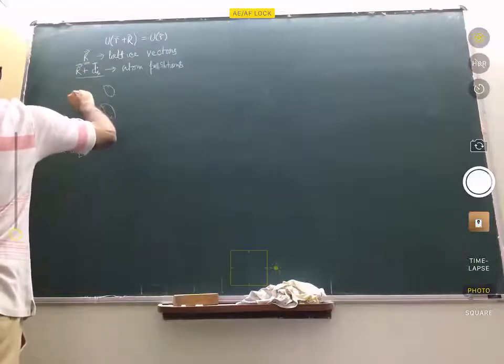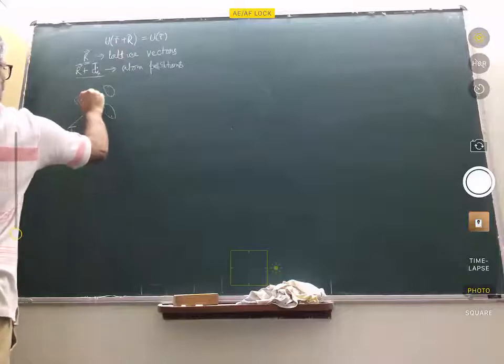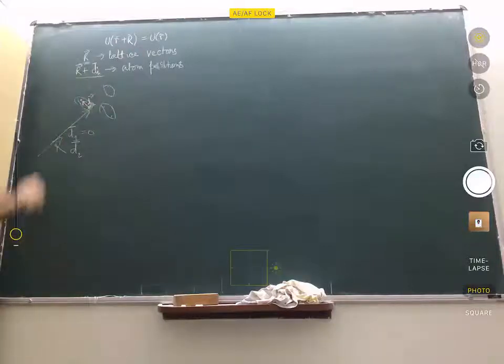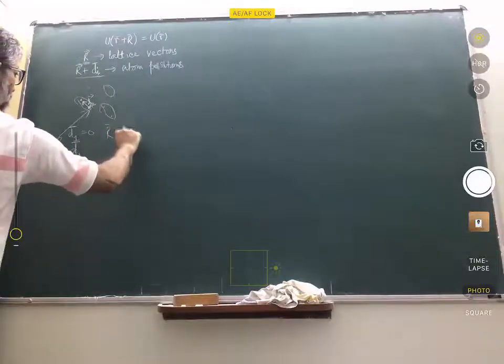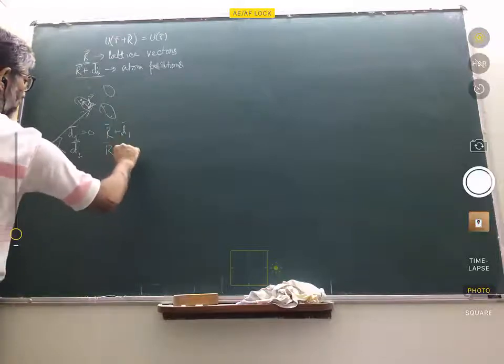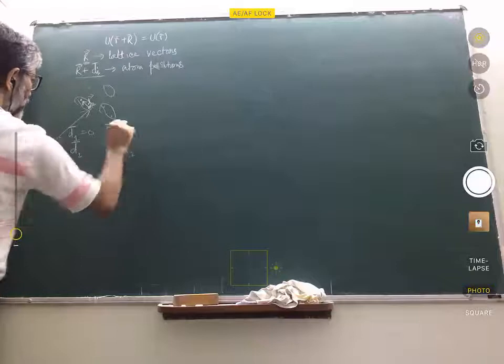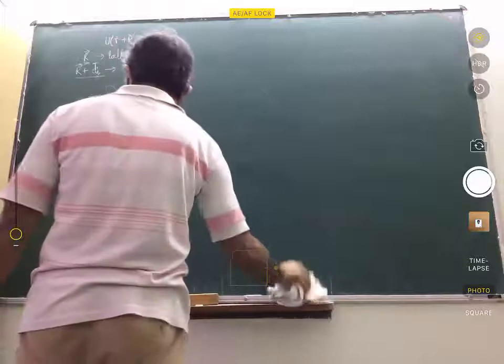So R plus d1 and R plus d2 would be the actual atom positions, the position vectors of the atoms. So that's the convention, the notation that we will use here.